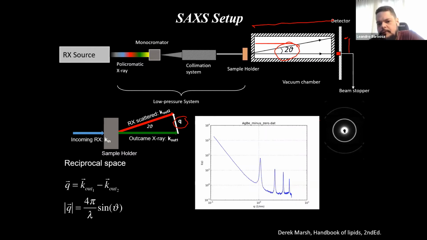When you get the azimuthal integration of this image here, you can get something like this. This is kind of a histogram, something related to how many X-ray photons reach each position of the detector as I go apart from the zero position. And in some specific position, for example in this position here, we may have a peak, and in the second position here, you have a second peak.